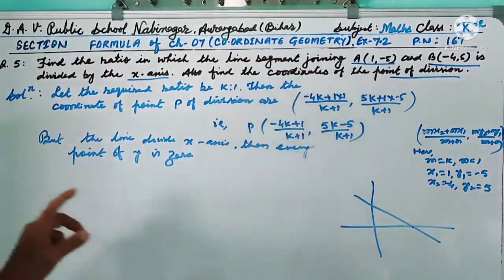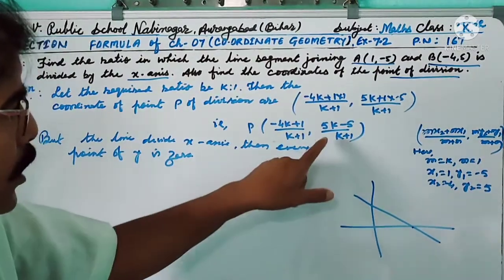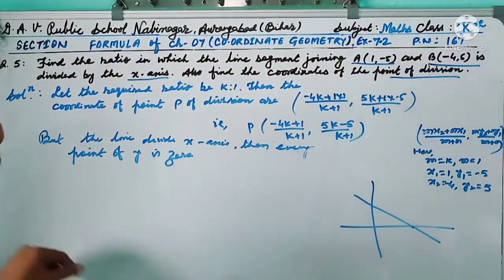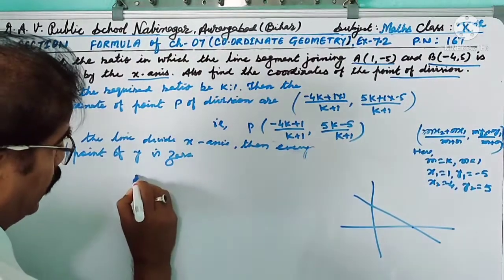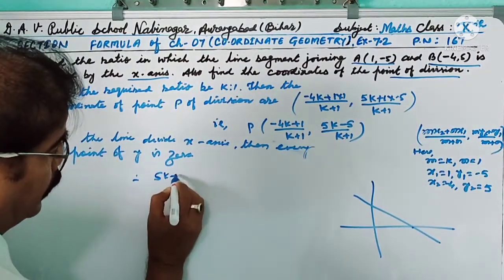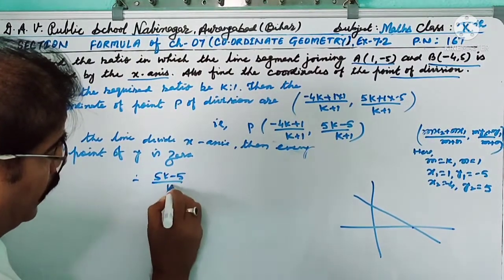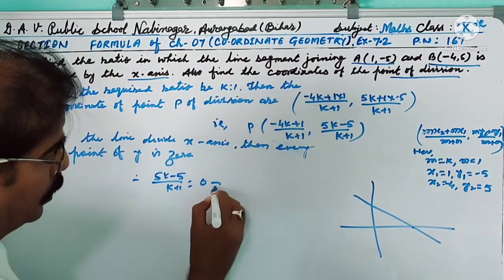So y means ordinate. Therefore (5k - 5) by (k + 1) equals 0.